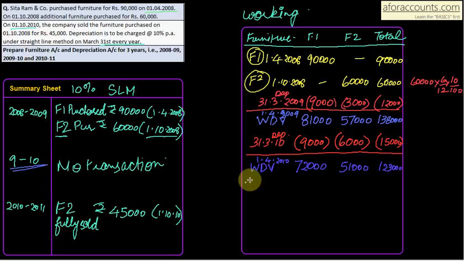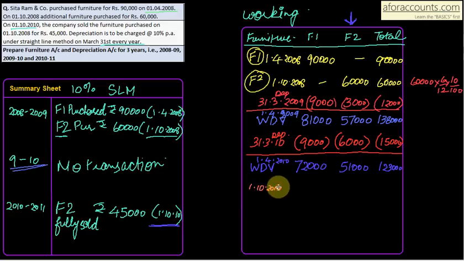Now see, on 1/10/2010, F2 is being sold. So your attention on F2 now. Depreciation is to be given on 31st March, but the furniture is being sold on 1/10. So you have to take the 1/10 date, and we have to calculate depreciation up to that date. So calculate depreciation on the sold asset on 1/10/2010.